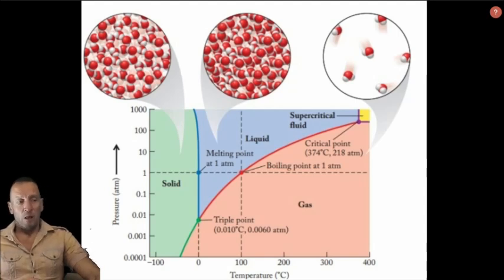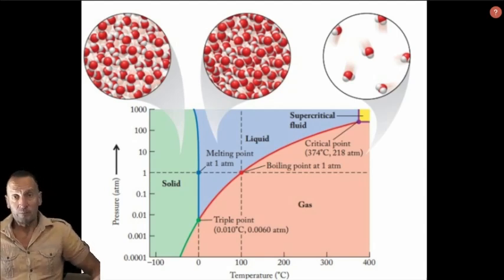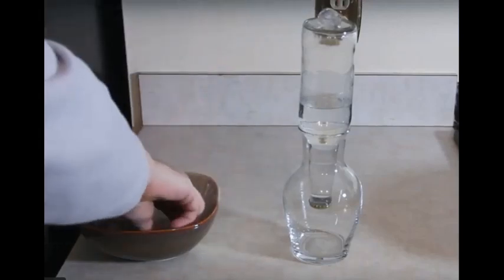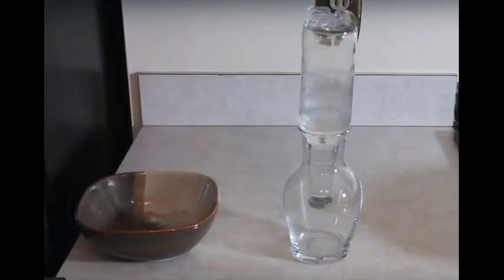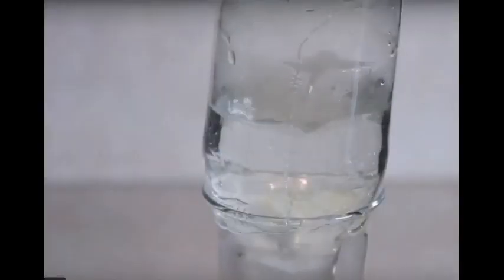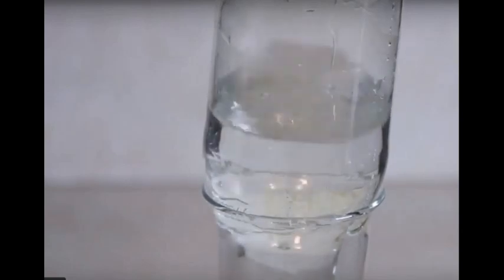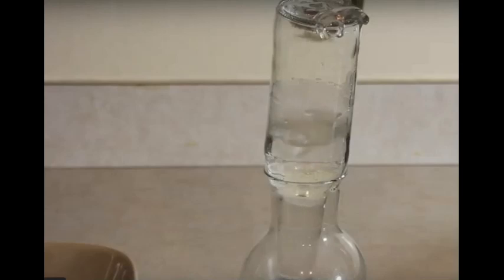Of course it can boil when the pressure is below 1 atmosphere. Actually, you can do this experiment at home. If you take water which is 70, 80, 90 degrees, place it in a bottle carefully and put ice on the top, or you just put cold water, say in a plastic bottle, the water is going to boil. Why is it boiling? Because the ice or the cold water cools the water vapor above the liquid, and because the bottle is closed, the vapor has nowhere to go.